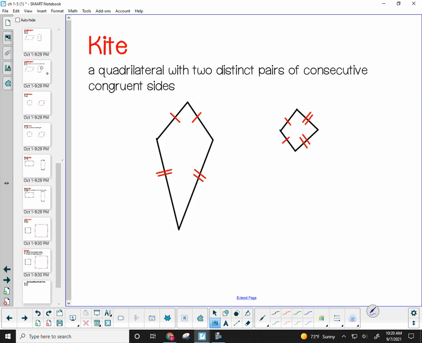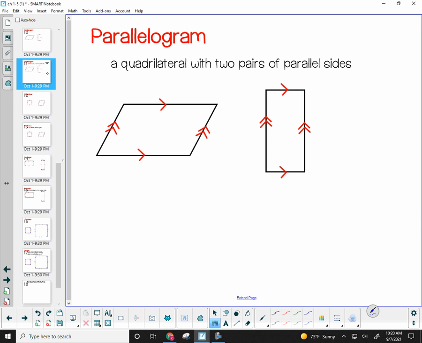The next shape is parallelograms. A parallelogram, by definition, is a quadrilateral with two pairs of parallel sides. Now the bad thing is you're a little bit dangerous right now because you probably know other things about parallelograms, but those are called properties of parallelograms.